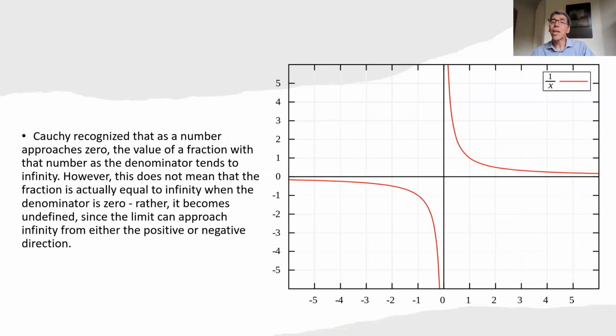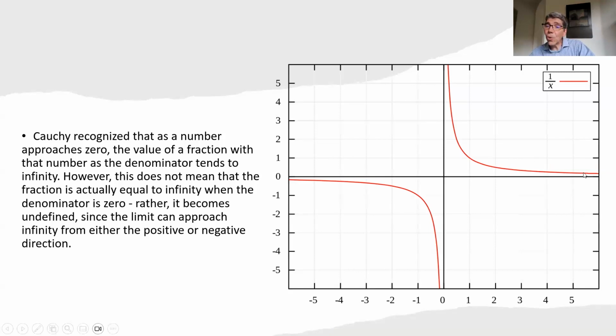Okay, there we go. As this fraction gets smaller and smaller, closer to 0, the value of the function is going to go higher to infinity, to positive infinity.